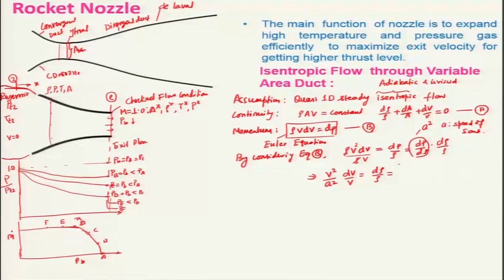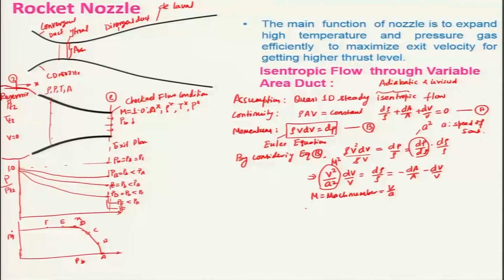In place of d rho by rho, I can write from equation A, minus dA by A minus dV by V. Keep in mind that V by a is basically the Mach number M, so this gives M square.